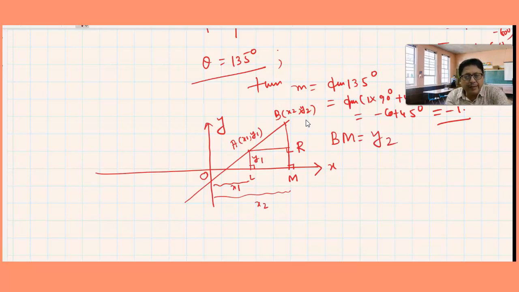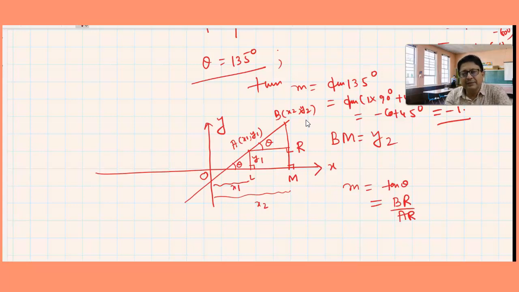Then slope of the line, by definition, is the tangent of the angle it makes with the positive direction of x-axis. So this angle is also theta. Now slope is equal to tan theta. Tan theta is nothing but BR by AR.